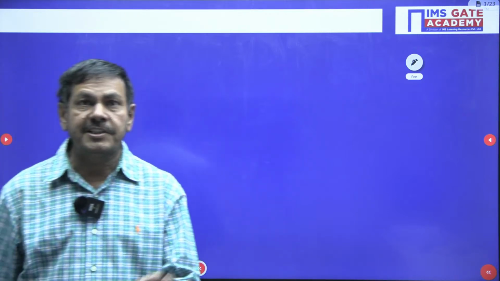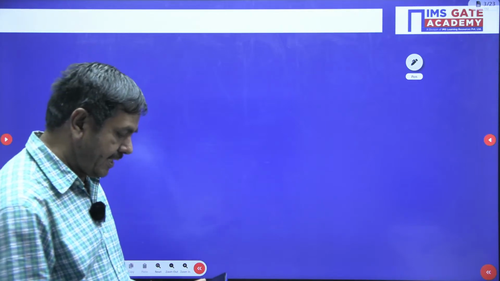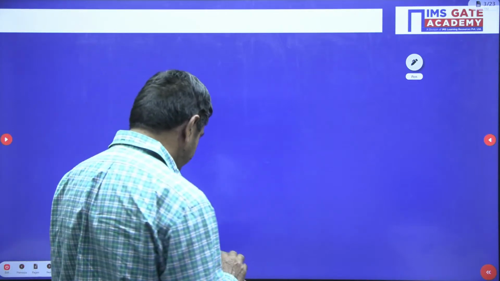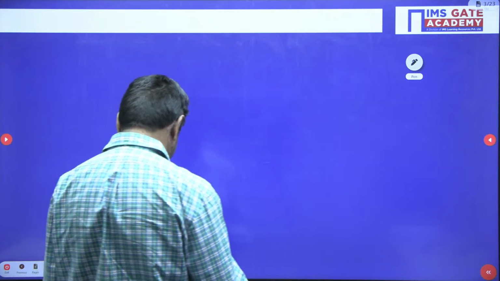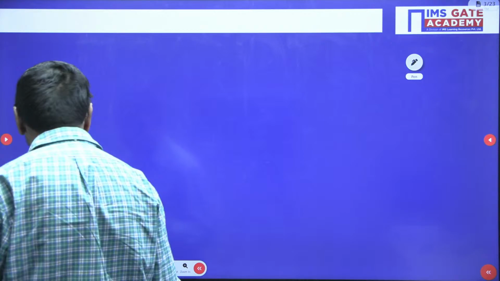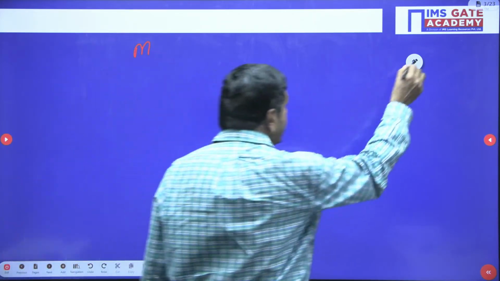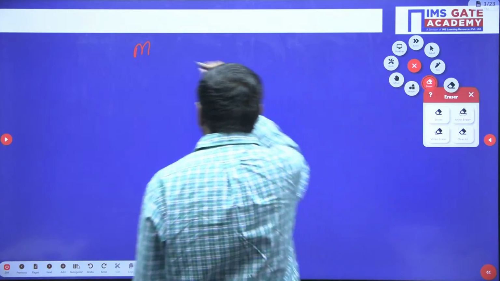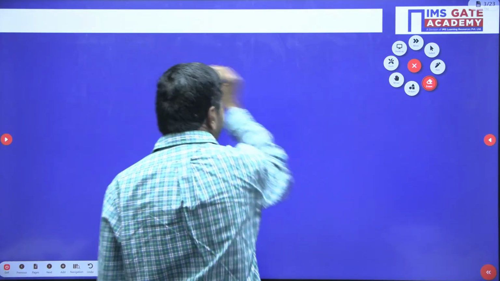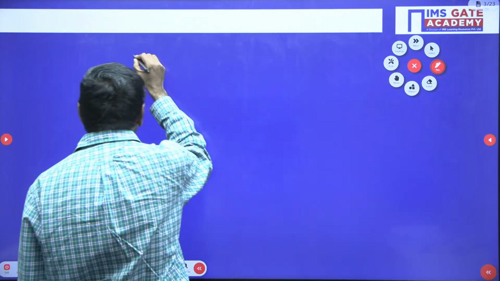Now, a few more definitions are very important in the transport mechanism. The first one is mean free path.